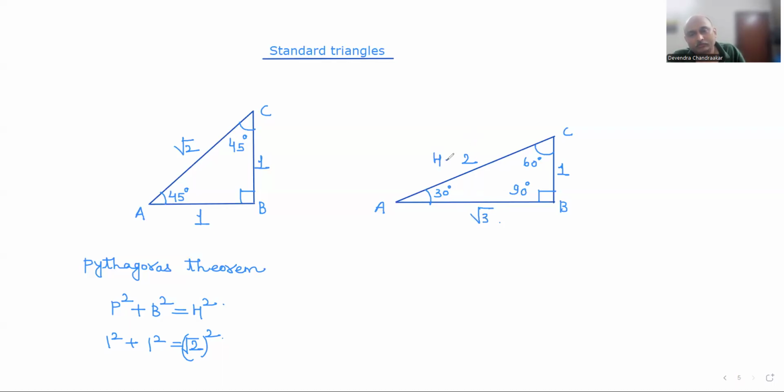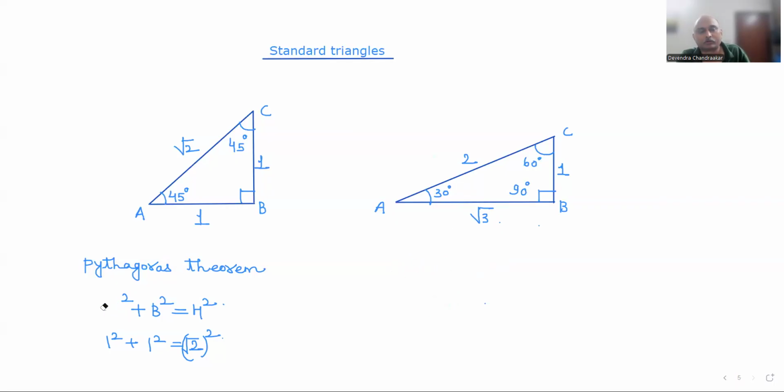This is hypotenuse, this is perpendicular, and this is base, right? So we can easily find that 2 square minus 1 square is base square. So base is root 3. I hope all of you understood this. Yes or no? Yes, sir. Great. So please memorize these sides of the triangle.